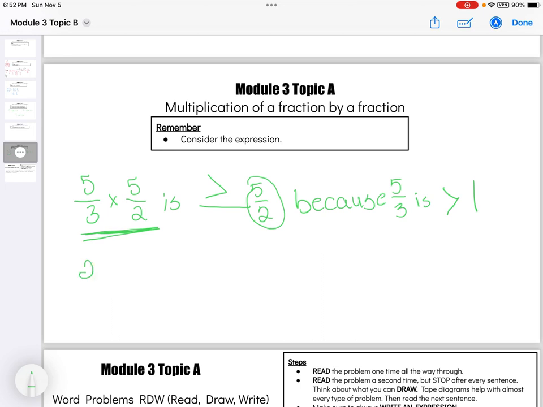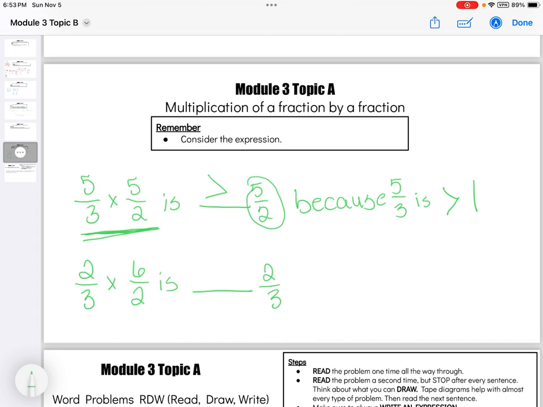Another example might be 2/3 times, let's say, 6/2. And then it says, is blank 2/3? Well, 2/3 is less than a whole, and 6/2 is more than a whole.